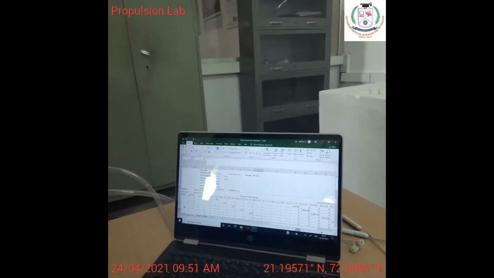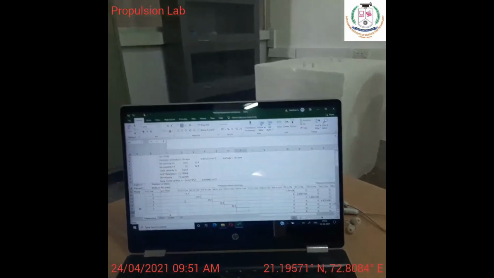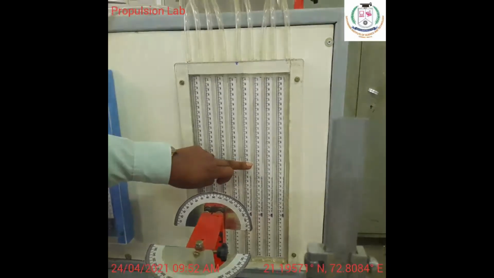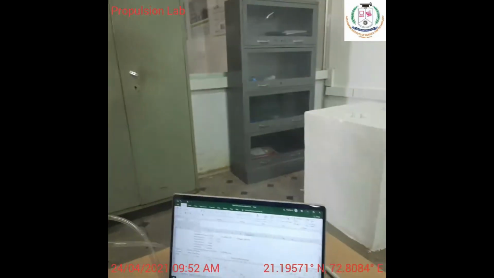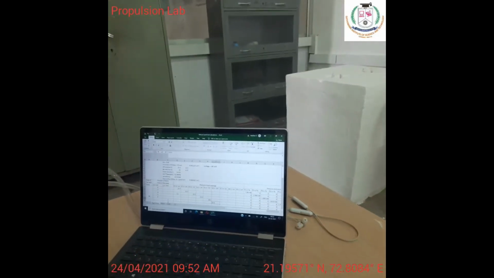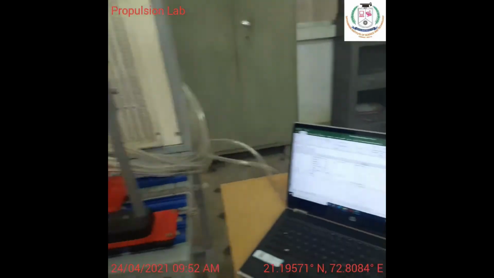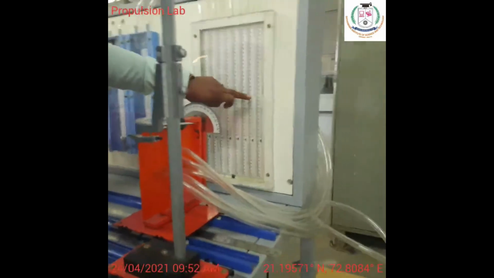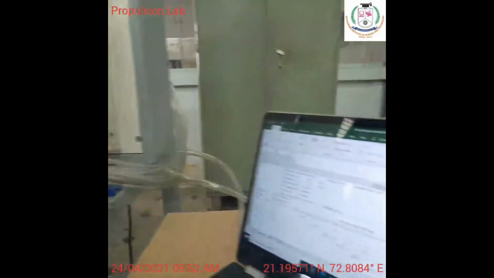The last set is your y-axis. Now we are going for the y-axis. For the y-axis, we will be having 23.5. And then for the y-axis fourth one, we will be having the same, 23.5.